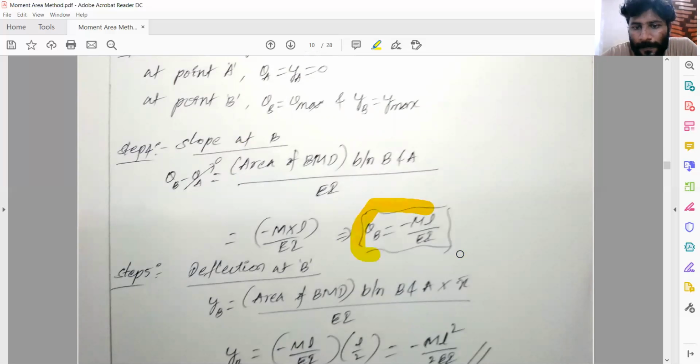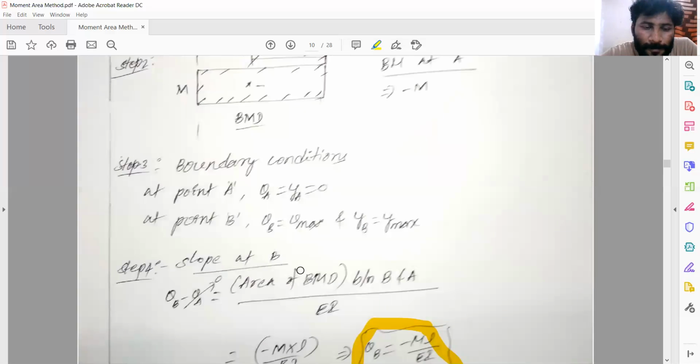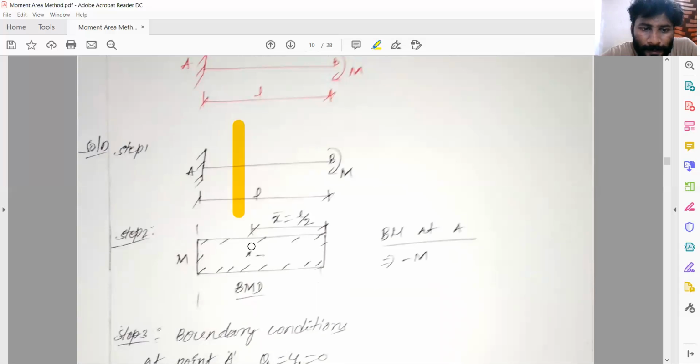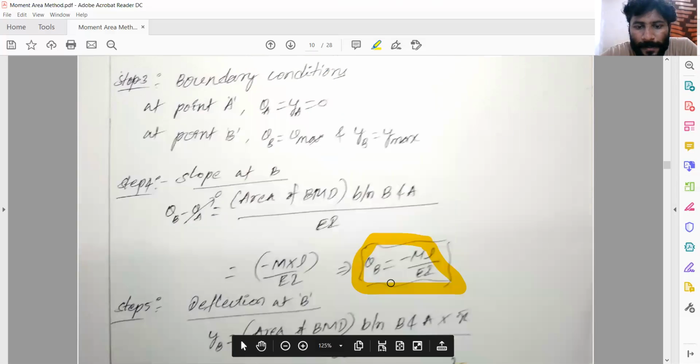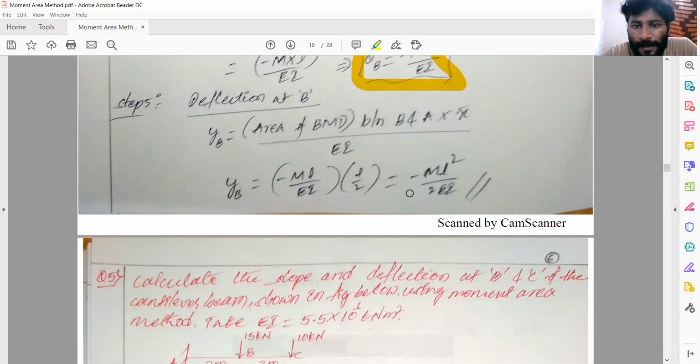So this is the slope at B. Deflection at B, YB is equal to area of BMD between B and A into X bar divided by EI. First we calculate the area of the BMD, then we take the centroid moment of this BMD area about the section where we want to find the deflection, that's called X bar. Here X bar is L by 2. So finally the vertical deflection at the free end is minus ML square by 2EI.